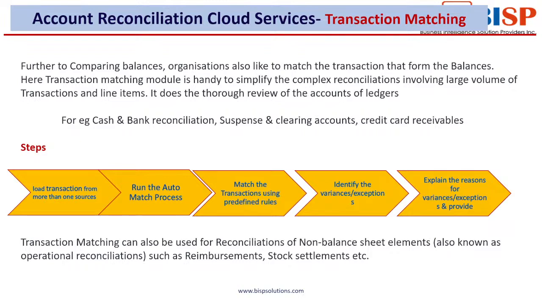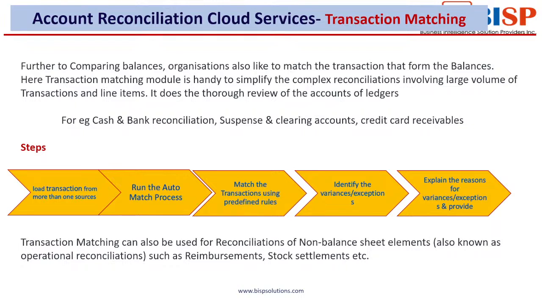Those which fit within the rules are matched, that is, reconciled, and the other transactions are identified as variances and exceptions. For those, we provide the reasons why the variances or exceptions occurred.